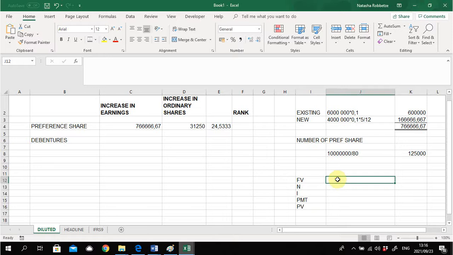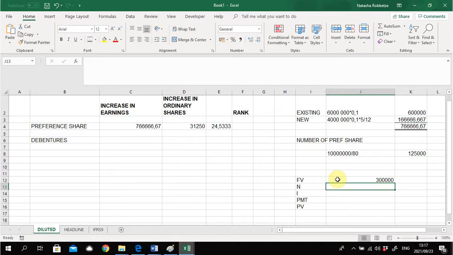So if I look at the future value in terms of additional note number 1, there are 3,000 debentures of 100 rand. So in the future, we will have to repay 100 rand times 3,000 debentures.